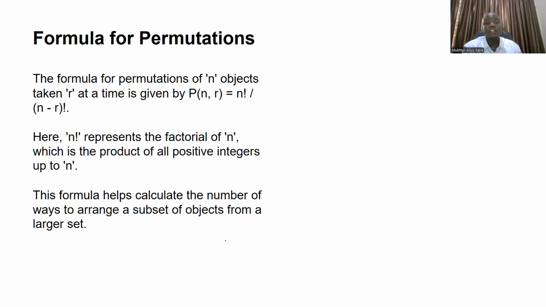This formula helps calculate the number of ways to arrange a subset of objects from a larger set. So you can be given a larger set, and you may be asked to calculate the number of ways that a particular subset, that is some elements from that set, can be arranged.